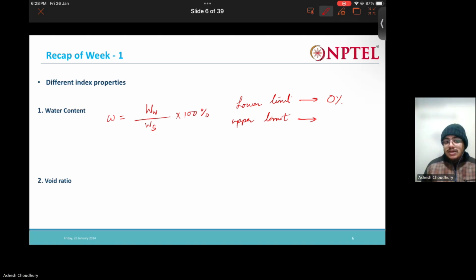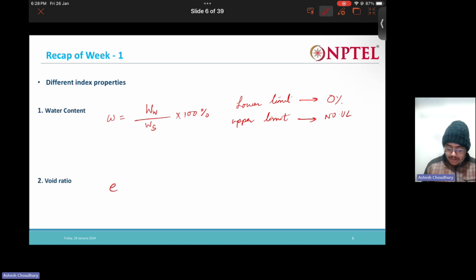What do you think? No, right? The upper limit is actually infinite. It can be anything. How much water you want to put, you can put. So there is no upper limit.